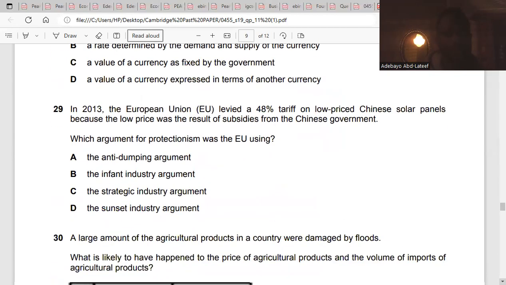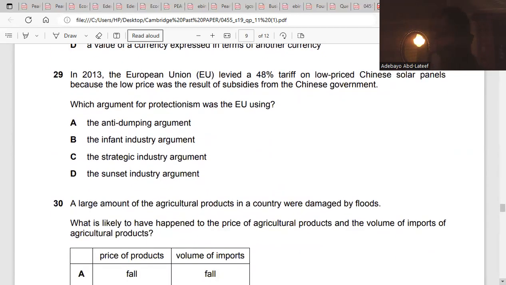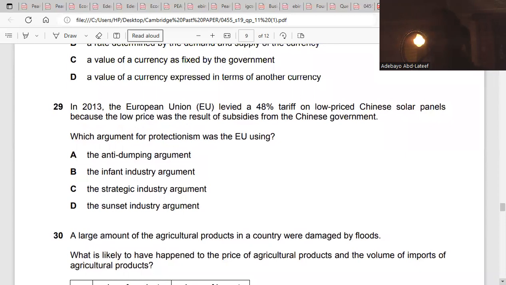In 2013, the European Union levied a 48% tariff on low-priced Chinese solar panels because the low price was the result of subsidies from the Chinese government. Which argument for protectionism was the EU using?